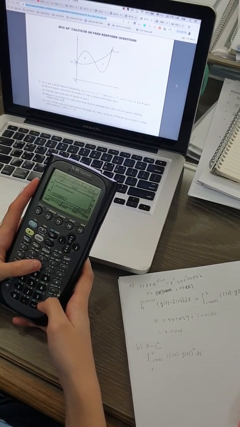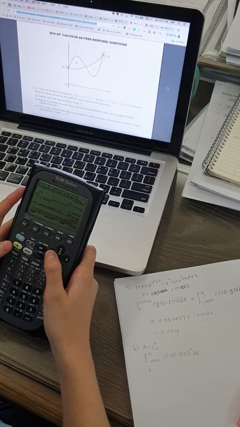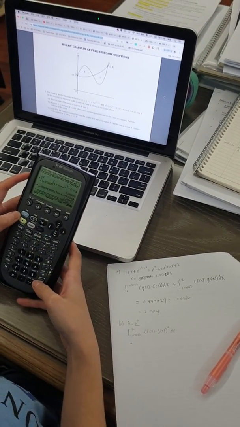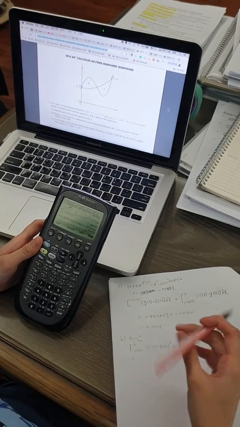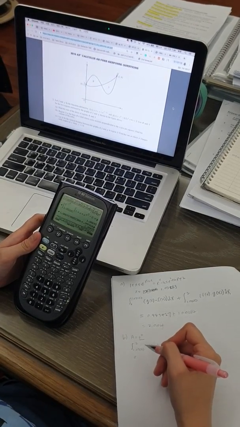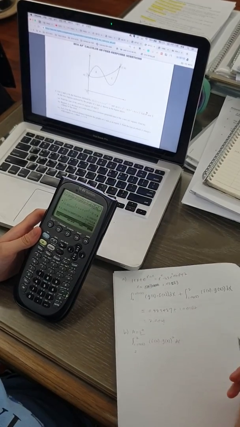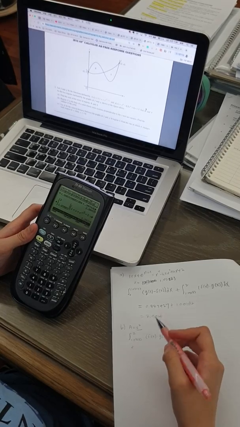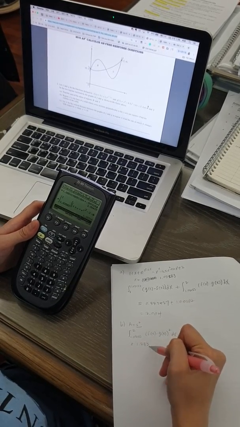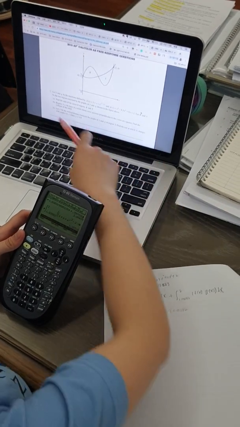So I guess there's a parenthesis issue over here. If you wait for the result to come out, it says that it's 1.283. So this is going to be the volume of region S.